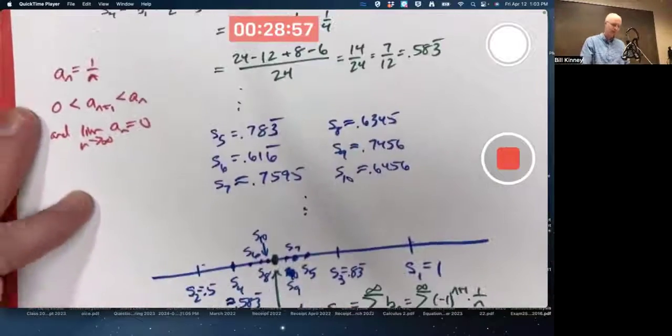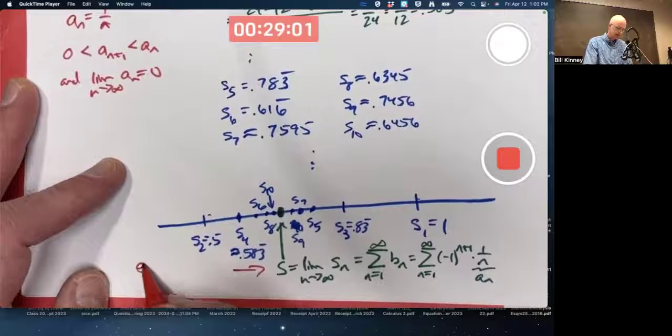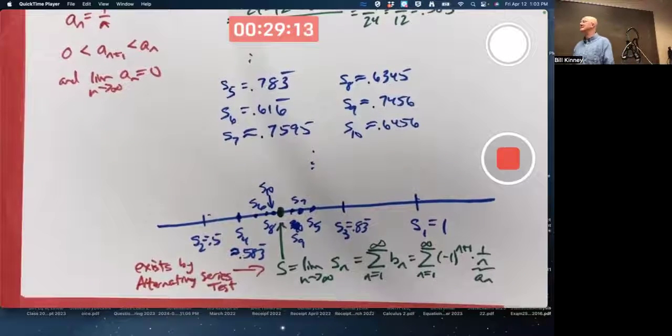Okay, so this exists by the alternating series test. The series does converge. However, it doesn't tell you what it converges to.